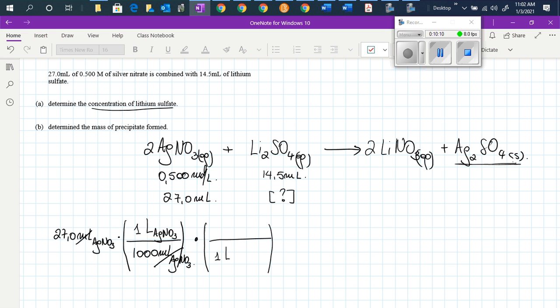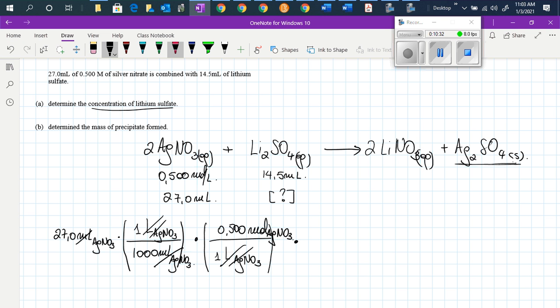So 1 liter of silver nitrate has 0.500 moles of silver nitrate. So now liters and liters cancel out. And what we have up to this point is the moles of silver nitrate.